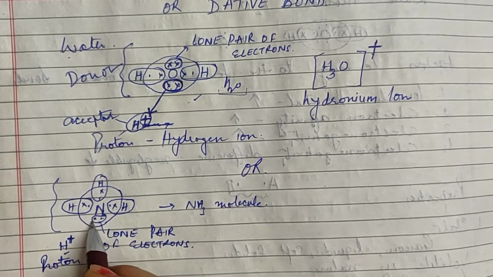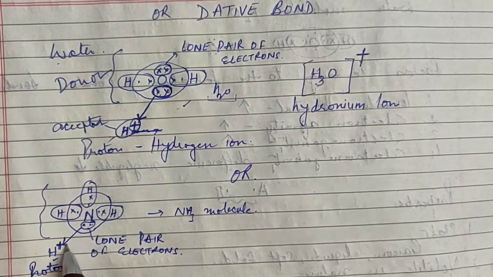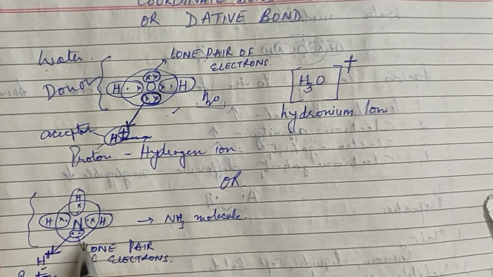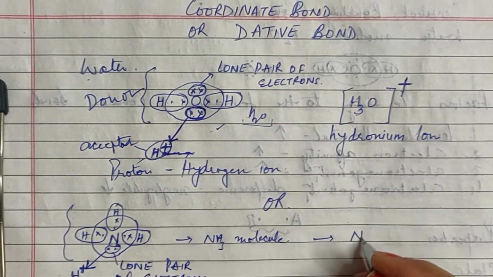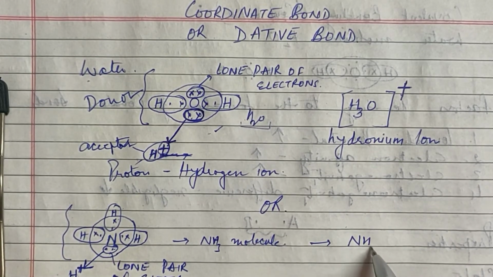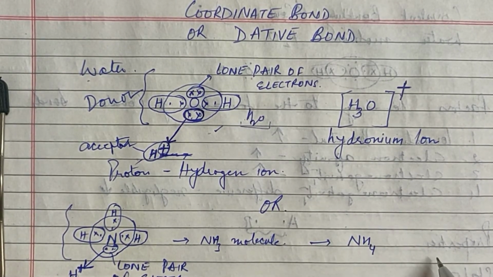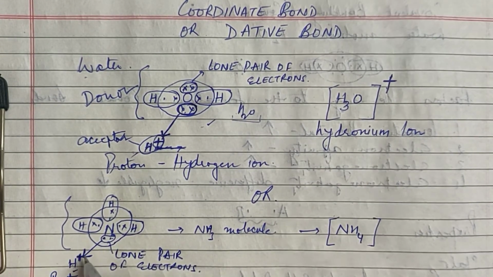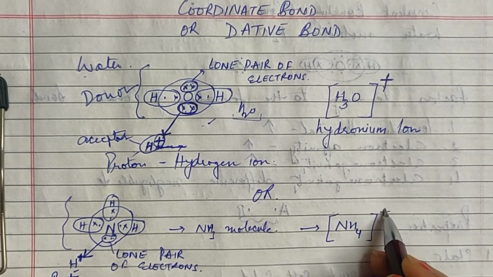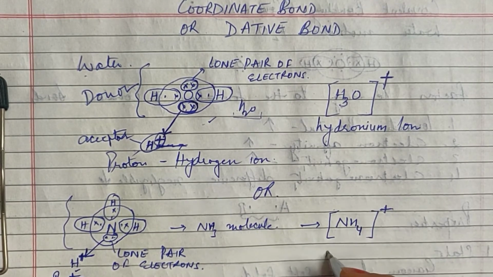So you will show likewise the coordinate bond between the ammonia molecule and this hydrogen ion, and rather than 3, now the 4th hydrogen is also associated with nitrogen, and the charge of that hydrogen ion is taken up by the entire molecule and it forms the ammonium ion.